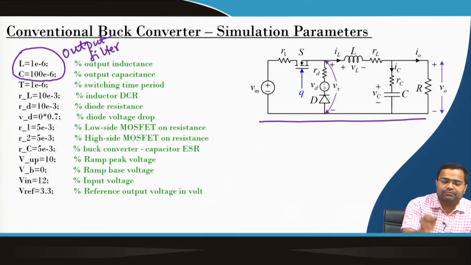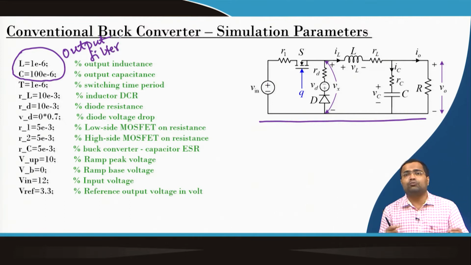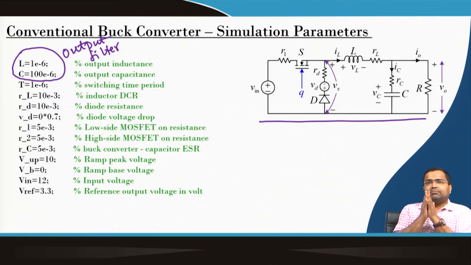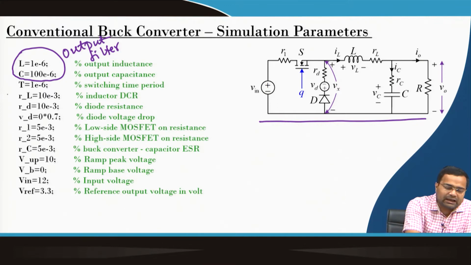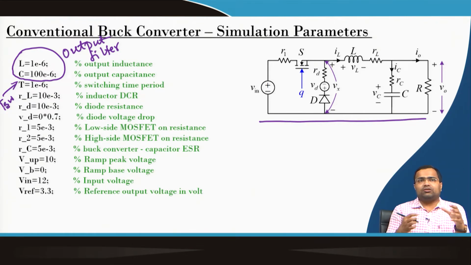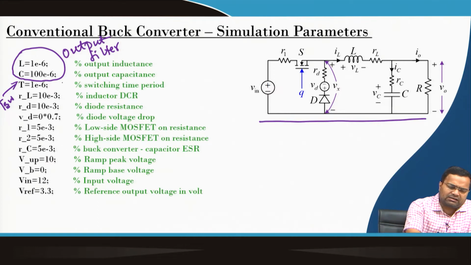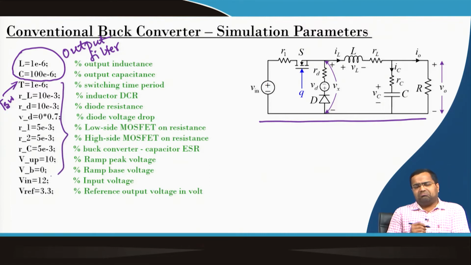We have taken the inductance value to be 1 microhenry because we are trying to operate at 1 megahertz switching frequency, and this is our switching period TSW, which is nothing but 1 microsecond, corresponding to 1 megahertz switching frequency.